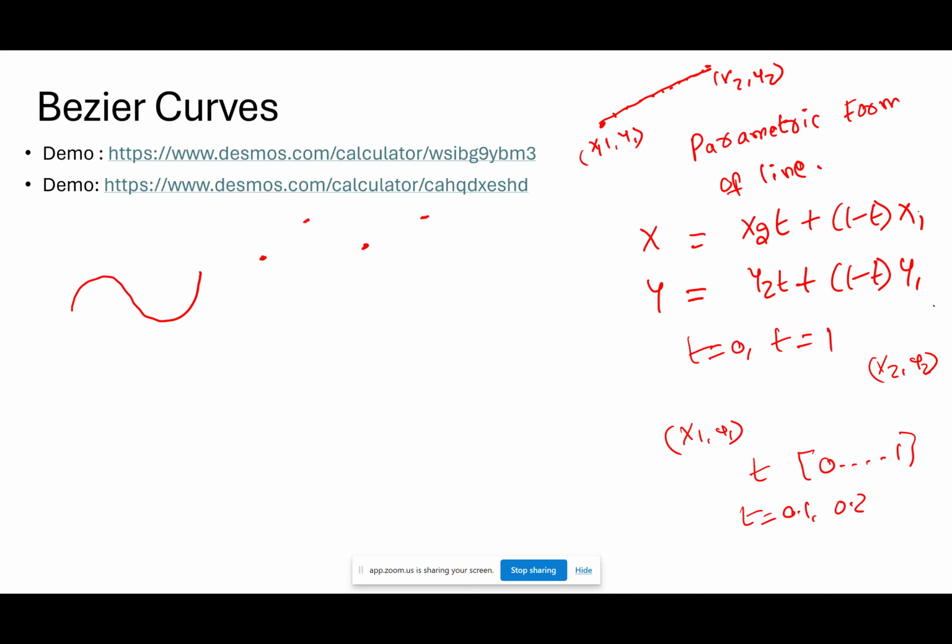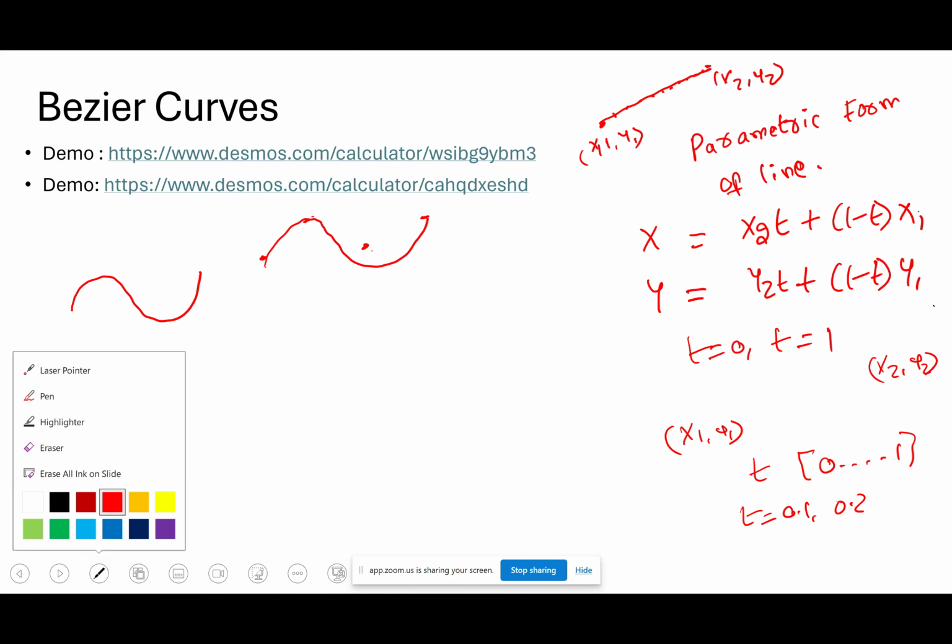There are other methods like approximating a polynomial function, but those have disadvantages. With Bezier curves, when you are given these 4 points or 3 points, we can construct some cubic form which might or might not go through these points. These are called the control points.